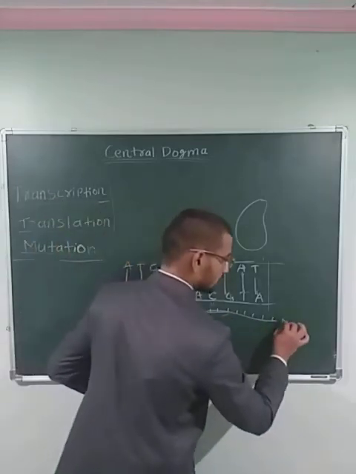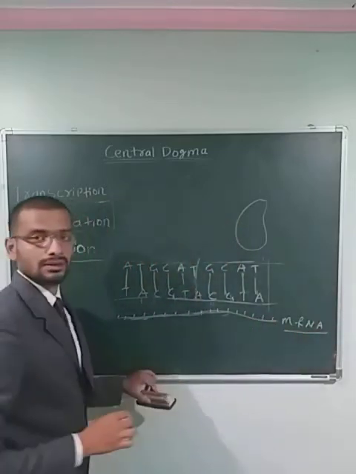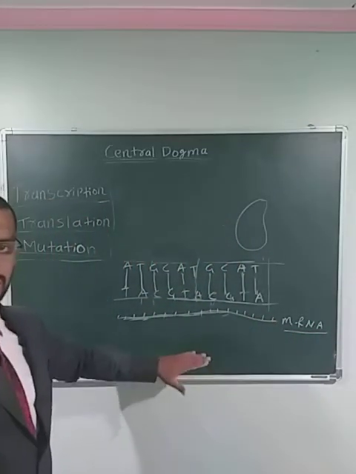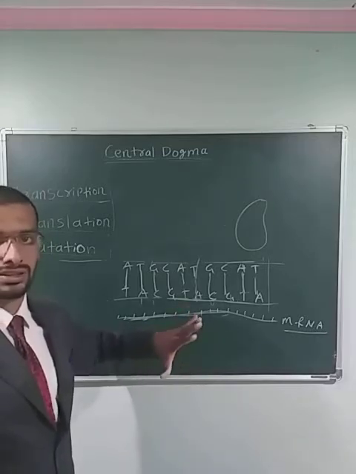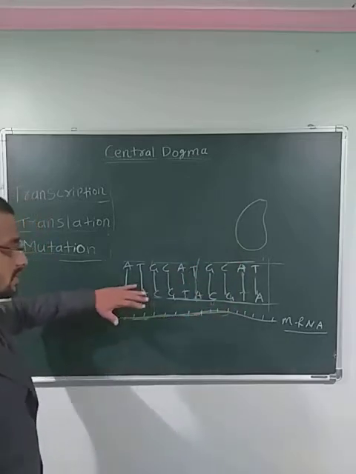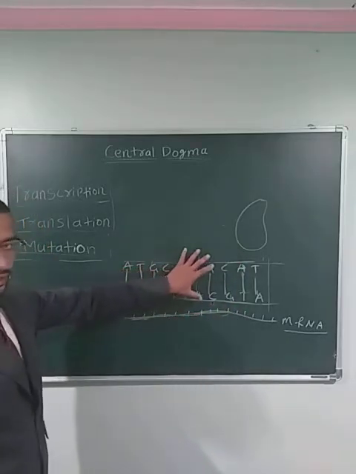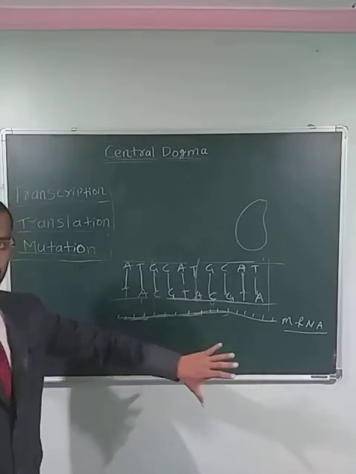This stretch is called mRNA, and this process is called transcription. As I told you earlier, transcription is a process in which a xerox or a copy of an original DNA is made. So this is the sequence of the original DNA in the form of a single strand called mRNA. So it is called messenger RNA.